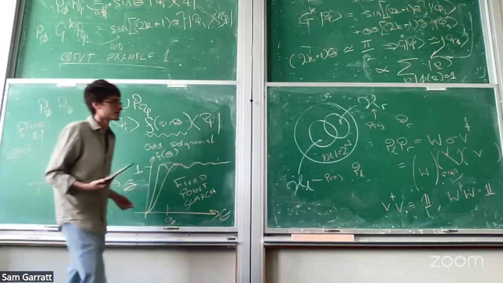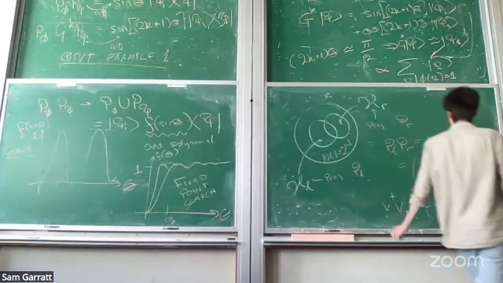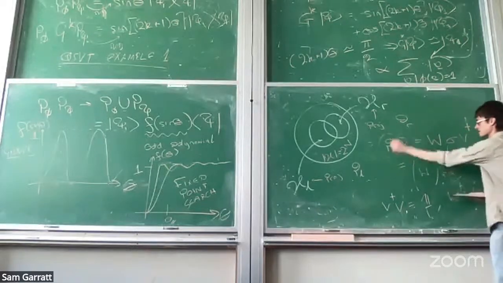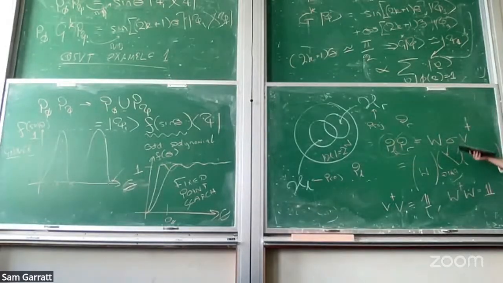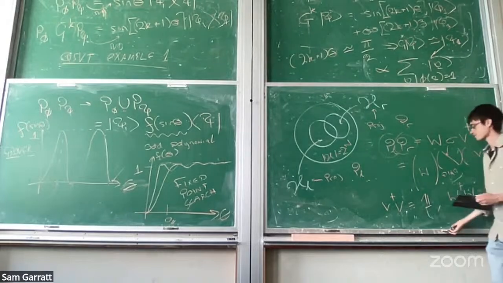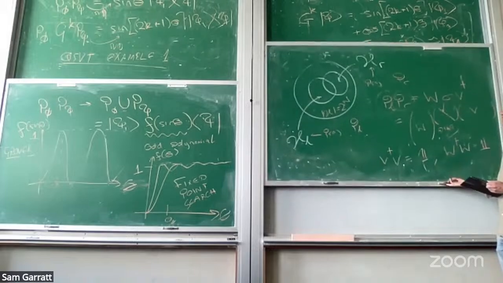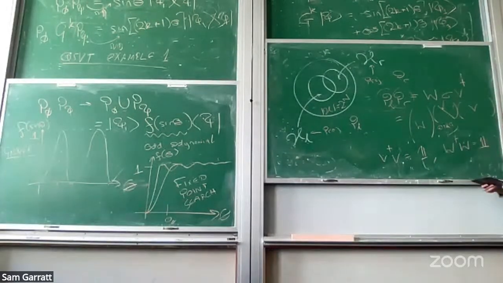Okay, so general QSVTs. We've got some output space and some input space. The product of the projectors has some singular value decomposition. What QSVT will allow you to do is put a unitary in the middle of here so that this is transformed by a polynomial. It's a polynomial that we should think of as acting element-wise along this diagonal.